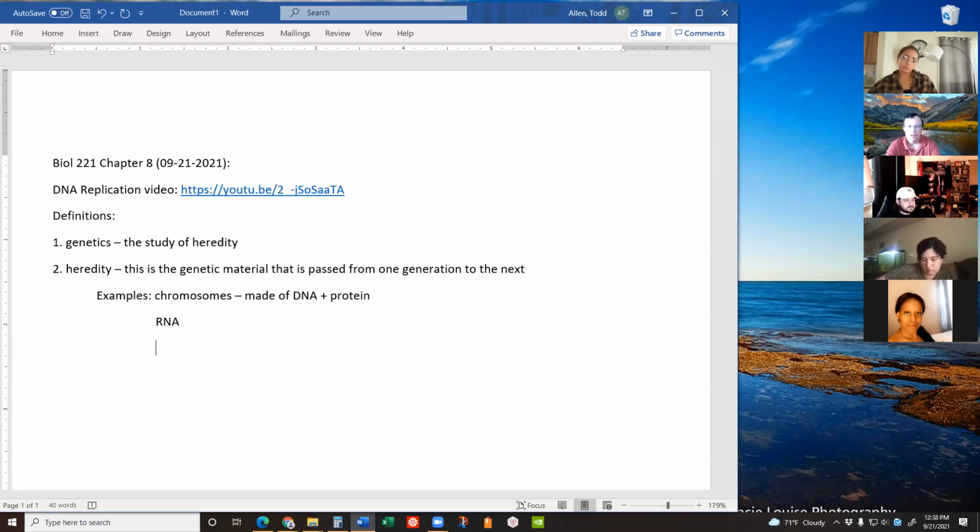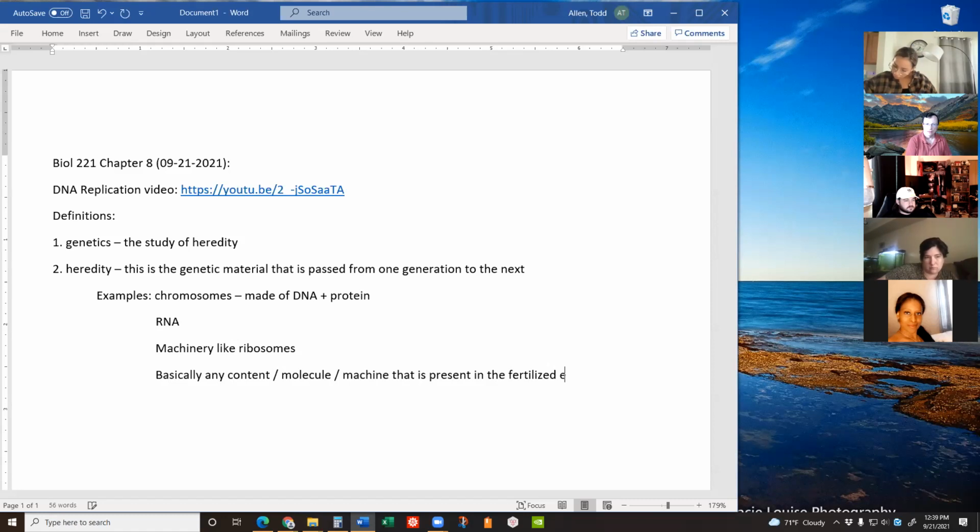Okay, so we can put down machinery like ribosomes. Basically, any content, any molecule, any machine that is present in the fertilized egg cell cytoplasm.